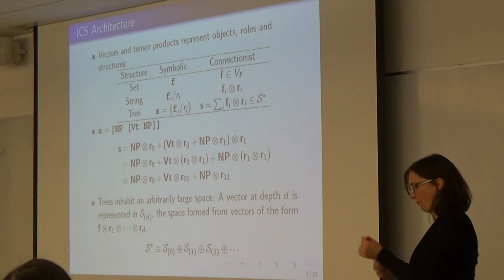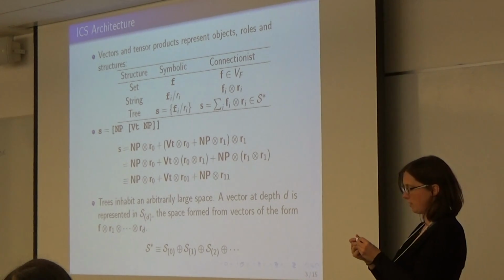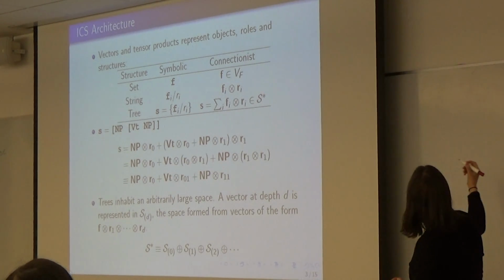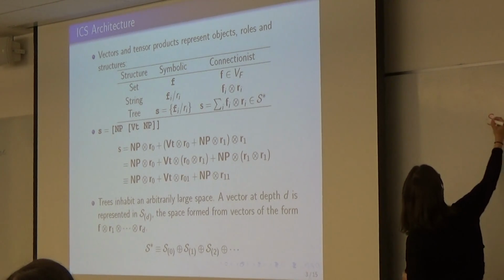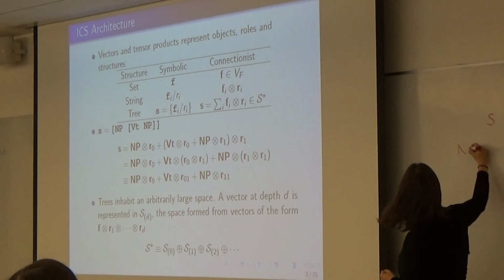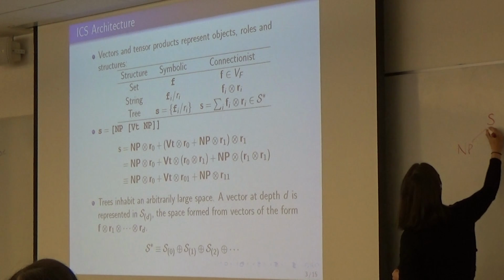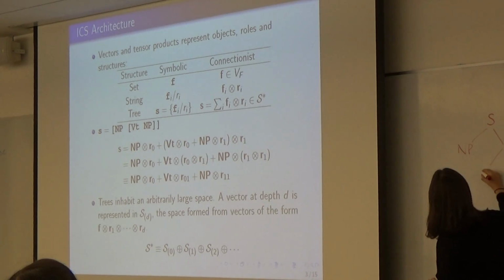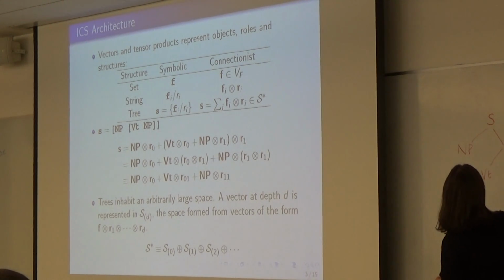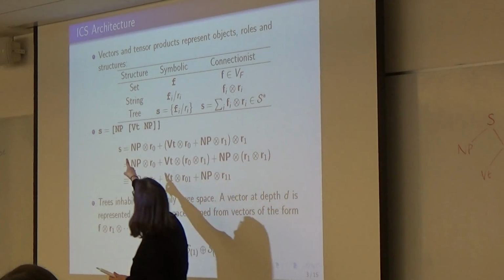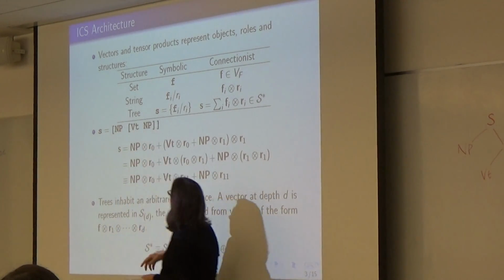So let's say we're interested in representing a sentence, and I've written there S. So S is the sentence, and it starts here. We've got an NP, which stands for noun phrase, on one side. And on the other side, a transitive verb and another noun phrase. And so that tree is just what this bracket notation here represents.